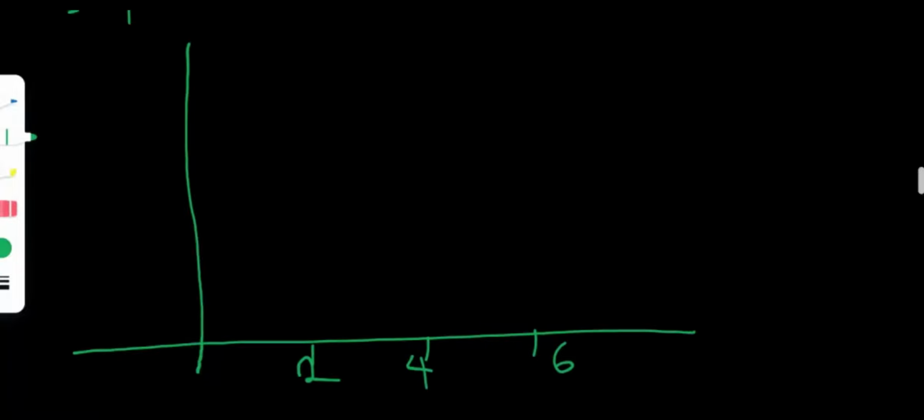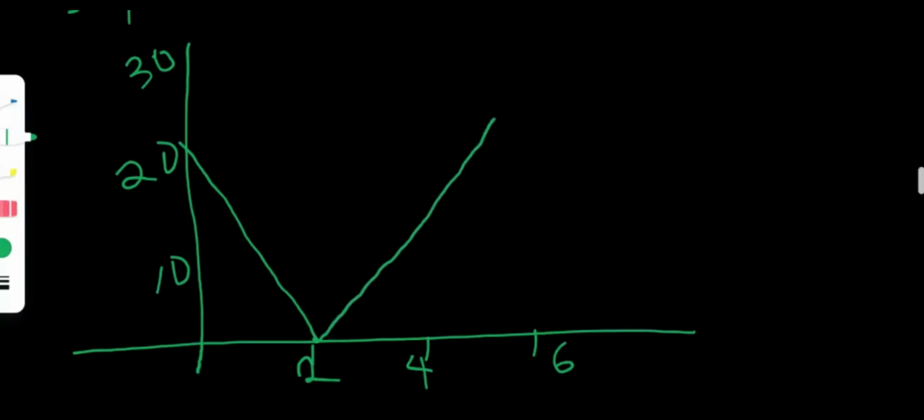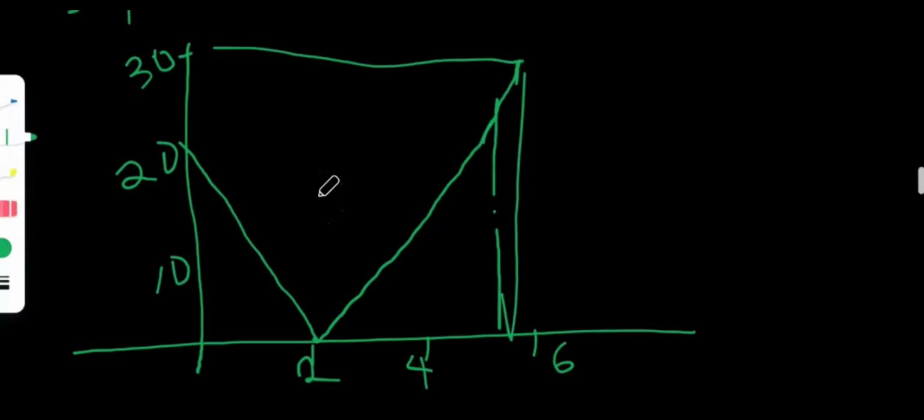Then we have 10, 20, and 30. If you remember, it drops down to zero at 2 seconds. Then, as the velocity comes down, it moves on to 5 seconds at -30. So that is how we'll draw it.